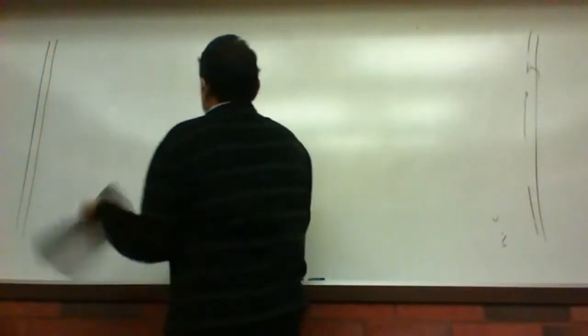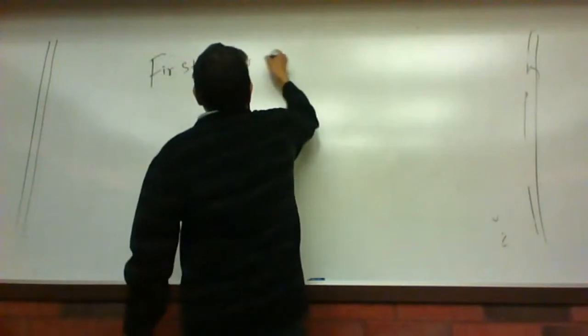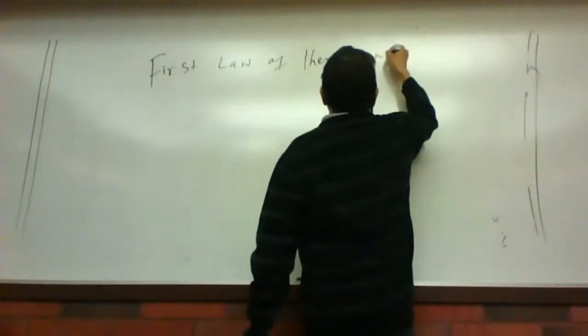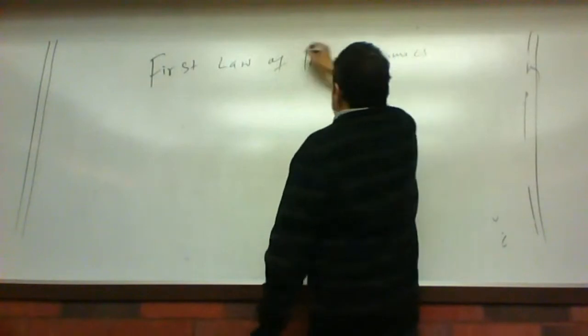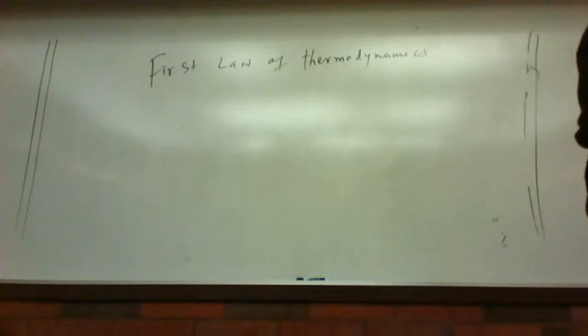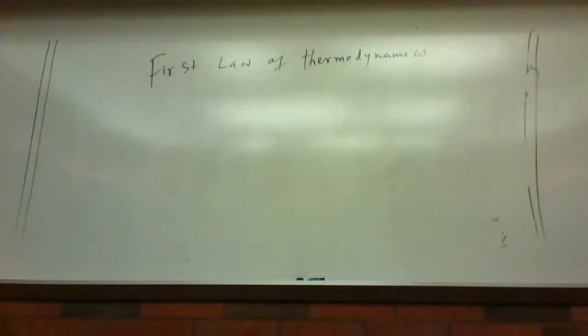So first law of thermodynamics. I already told you, first law of thermodynamics. So this is a very important slide, very simple but very important. It's the same thing. Energy cannot be created, energy cannot be destroyed, but it can be changed from one form to another, right?